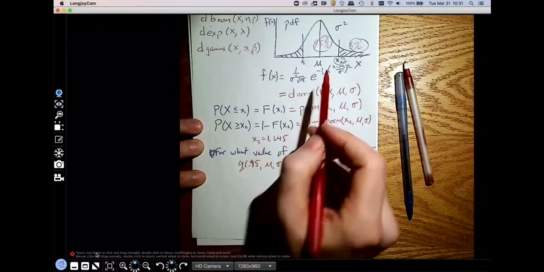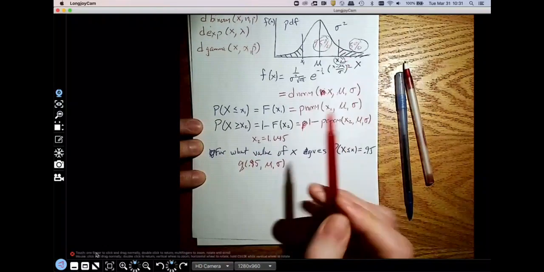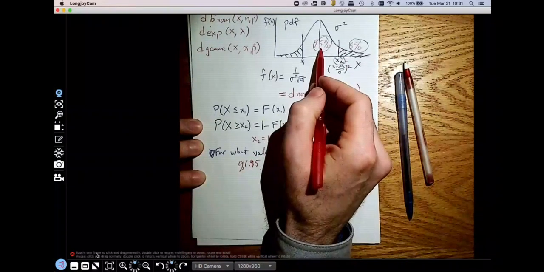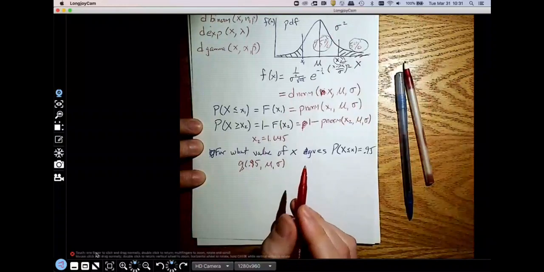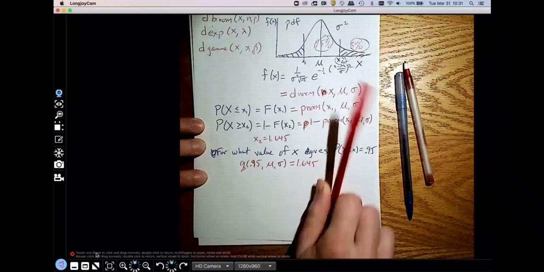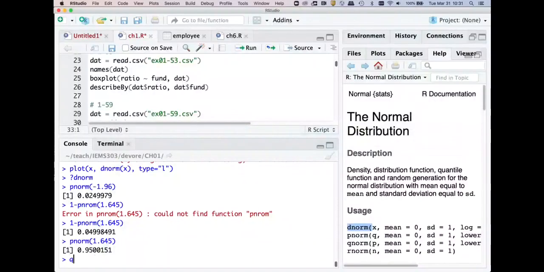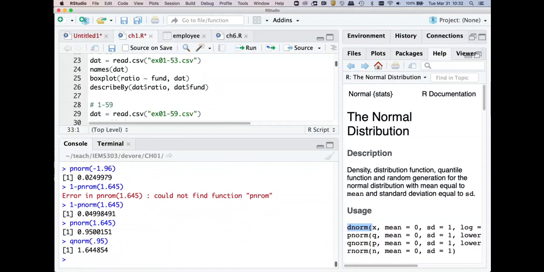The p functions give you an x and return the probability. The q functions, you give the probability and you get the x. So this should be 1.645. Let's just make sure that works. If I do qnorm of 0.95, this should be 1.645. So we've just undone what we did with the CDF.